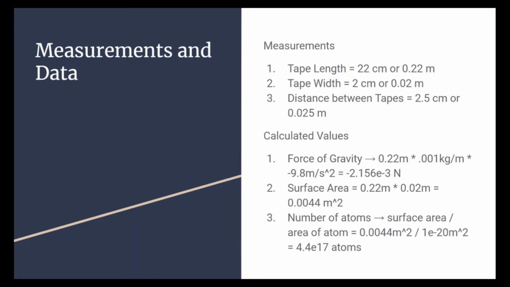Using these values, we calculated the force of gravity, which came out to be negative 2.156 times 10 to the negative 3 newtons, the surface area of the tape, which was 0.0044 meters squared, and the number of atoms on the piece of tape, which was 4.4 times 10 to the 17th atoms.